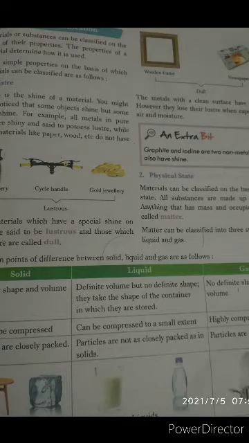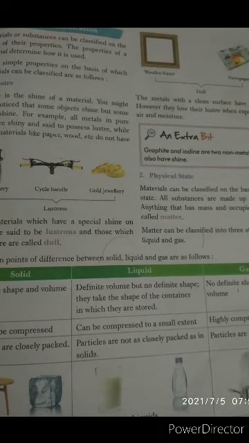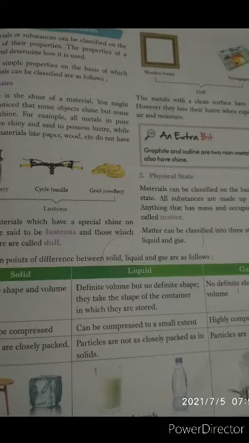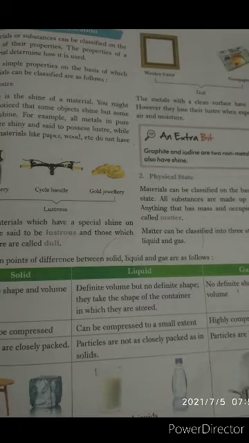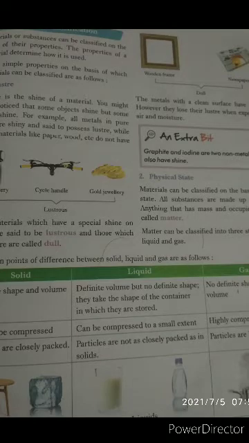They all have a definite shape. And see, liquids: definite volume but no definite shape. Definite volume will be there, but a definite shape will not be there in a liquid. They take the shape of the container in which they are stored.